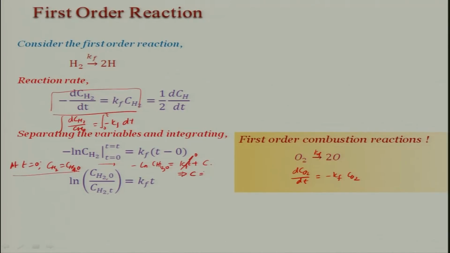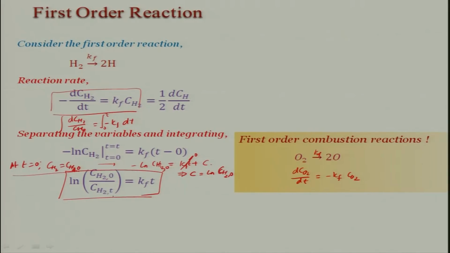Then simply the constant is equal to ln C_H2 at 0, this will be a capital, right. So, from that you can get ln C_H2 naught divided by C_H2 at time t is equal to nothing but Kf t, right.